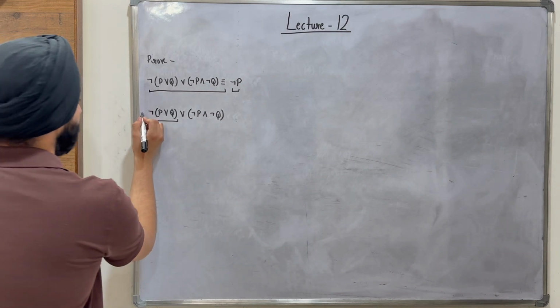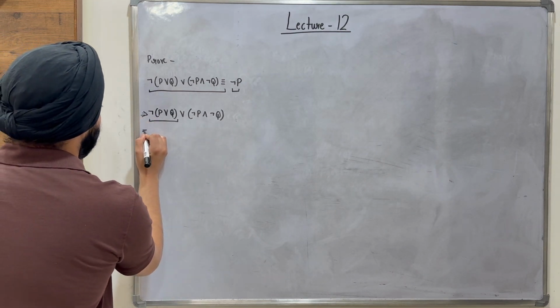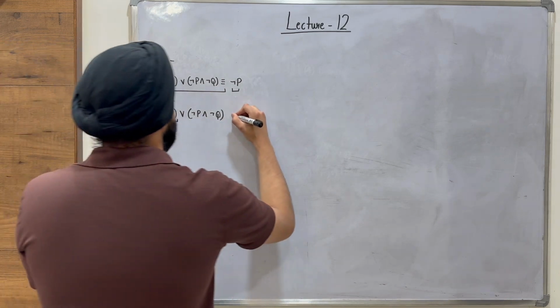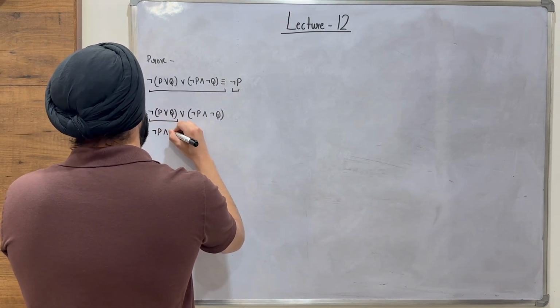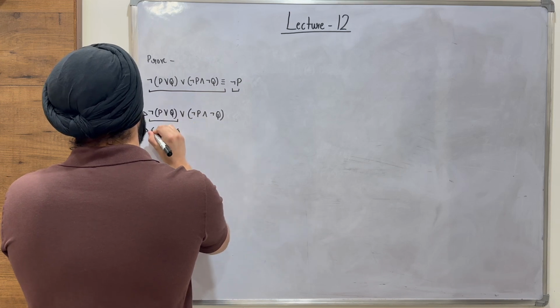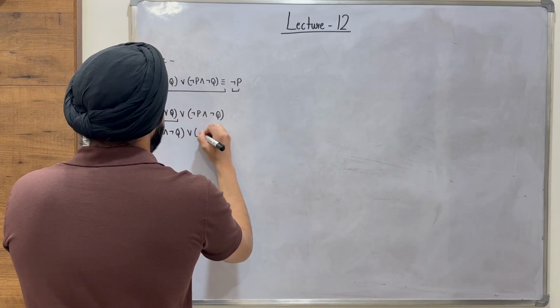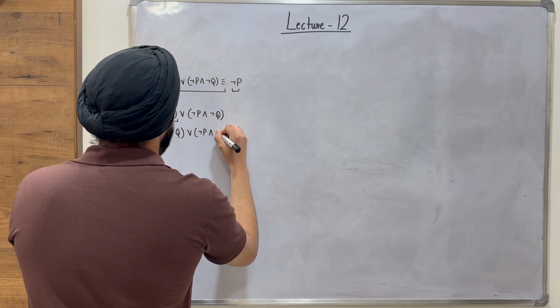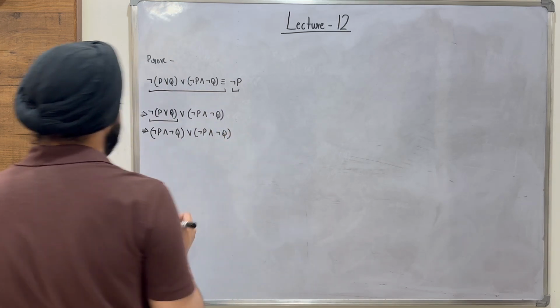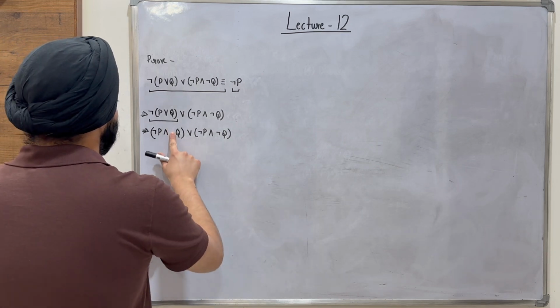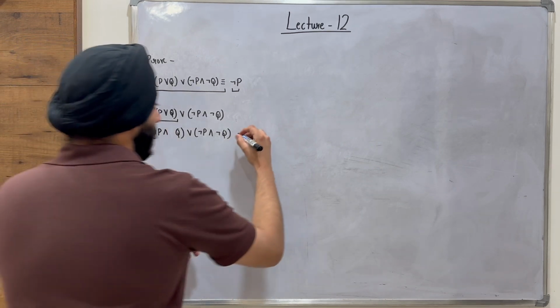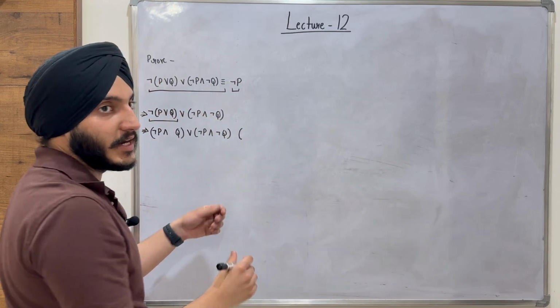So if I try to use De Morgan's law, I get negation of P and negation of Q, or negation of P and negation of Q, right? This is exactly what I get. And I'm going to mention the law that I've used, right?